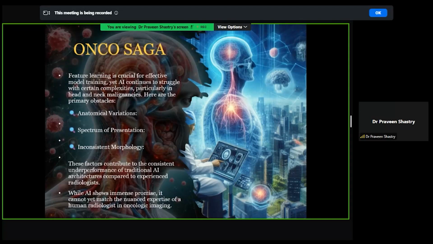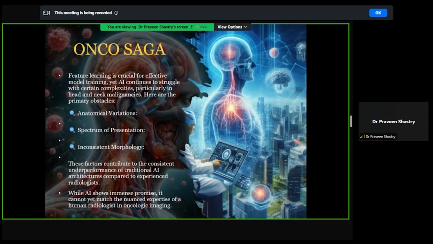Be it hemorrhages, necrosis, or infarcts, all of these are seen within the tumor at an advanced stage. So the appearance has a wide spectrum, which adds another layer of complexity. Third, inconsistent morphology. Let's say we have two cancers, HPE proven, same histopathology, same staging, but they can appear entirely differently in radiology.